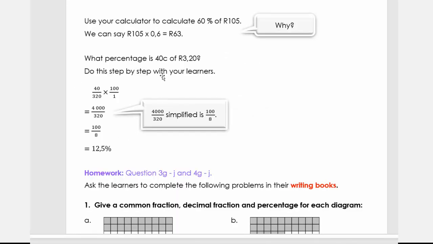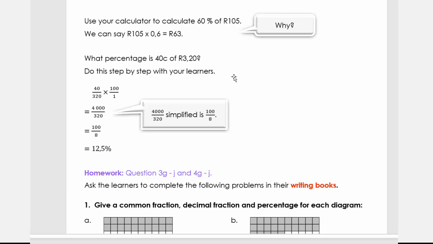Let's go to the next activity. What percentage is 40 cents of 320? So we're going to say what percentage is 40 of this. It's the same as when you write a test.